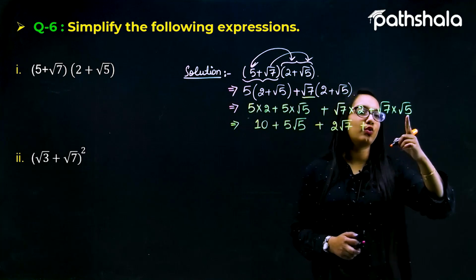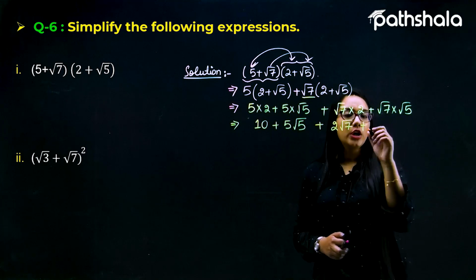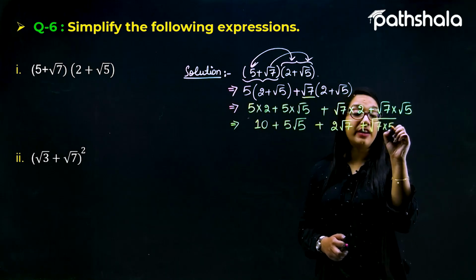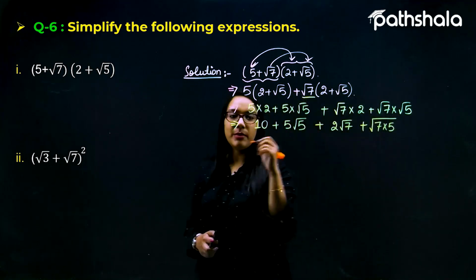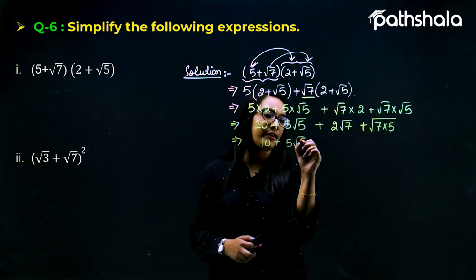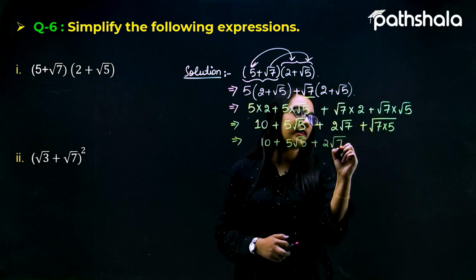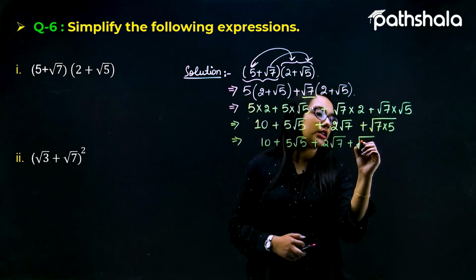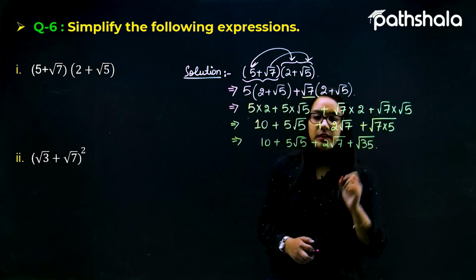Plus √5 × √7, we have root and root, so we can take a single root and multiply 7 × 5 inside it. So we get the answer 10 + 5√5 + 2√7 + √35, because 7 × 5 is 35. This is our answer.